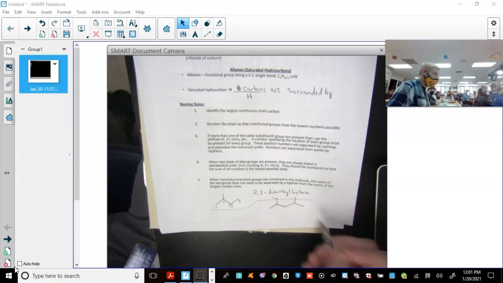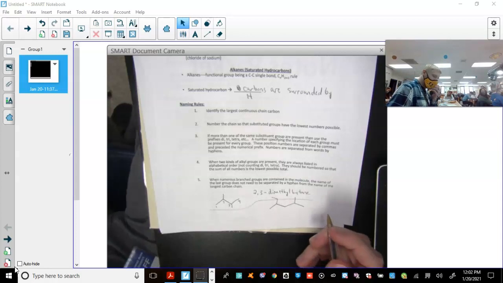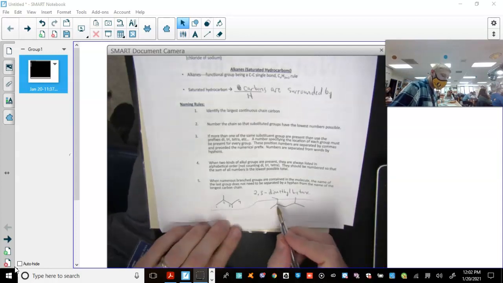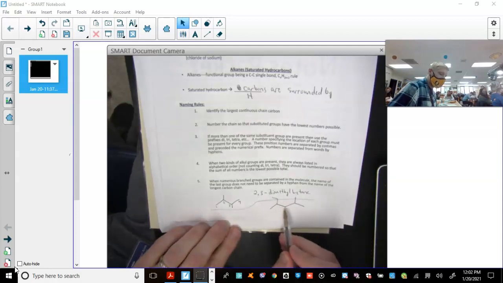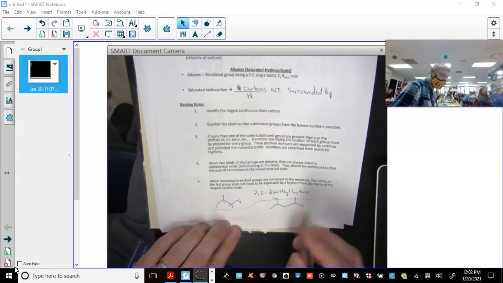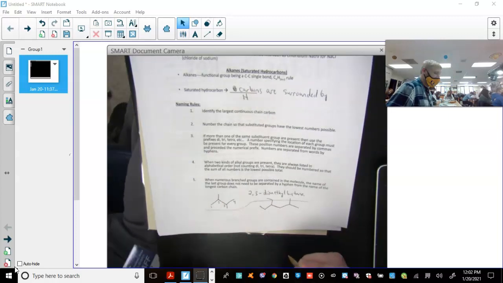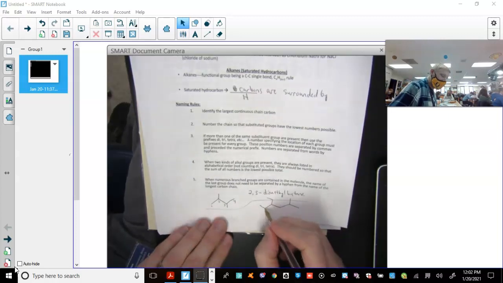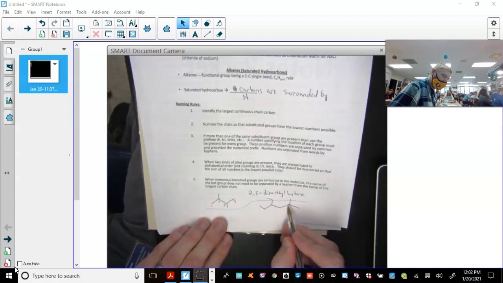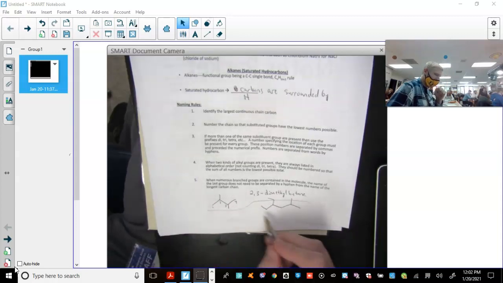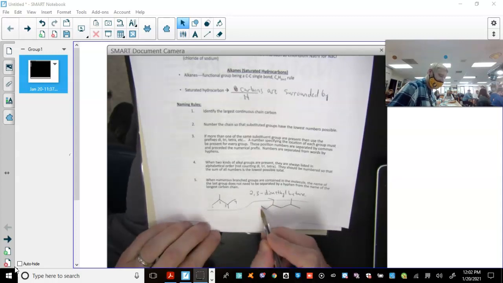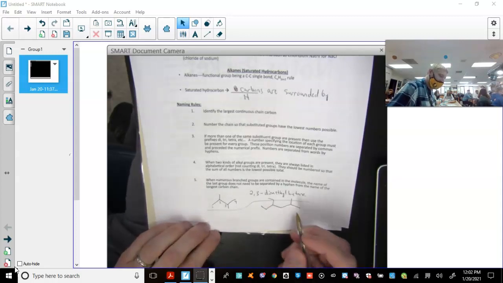Oh, I accidentally didn't write the example I wanted to, because technically the longest chain is 1, 2, 3, 4, 5, 6, and I got 2 methyl groups. So I'm going to change this up a little bit so I can get my example across. We got 1, 2, 3, 4, 5, 6. It doesn't matter, they're both going to be the same name, whichever way we consider.